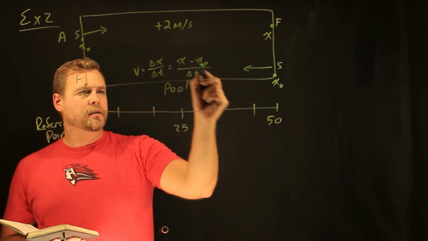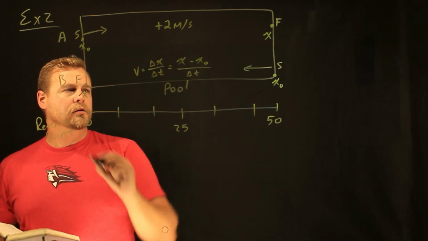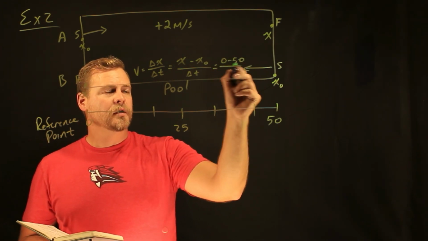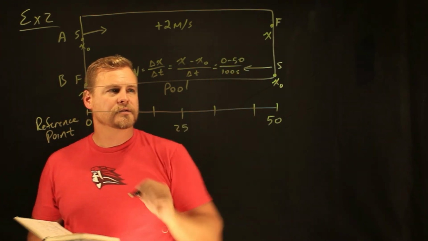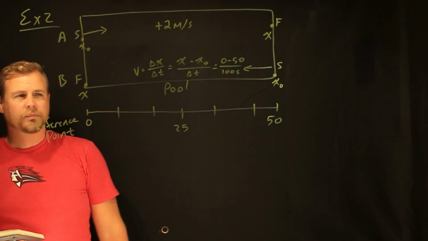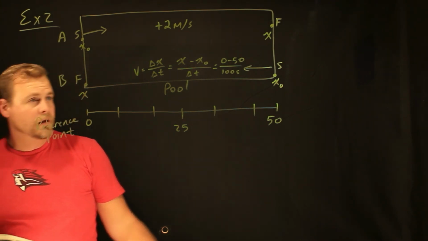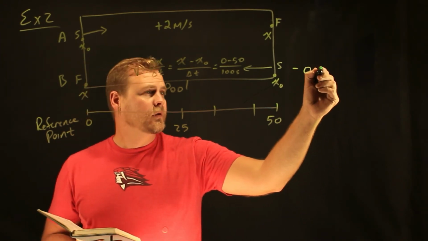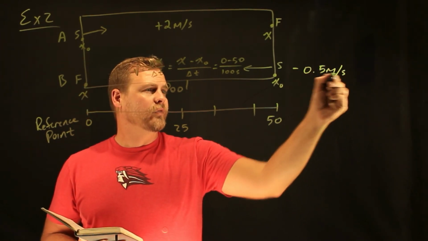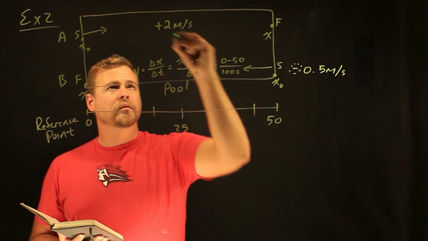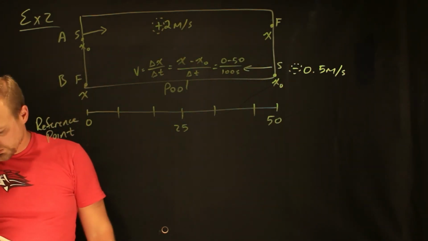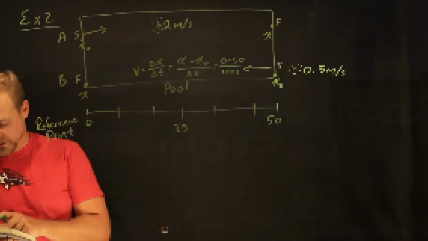And so when you plug in 50 and 0, you end up with 0 minus 50 in 100 seconds. And so that produces a negative 0.5 meters per second. And so these positives and negatives help us understand which direction the swimmer is going, and it's more informative.